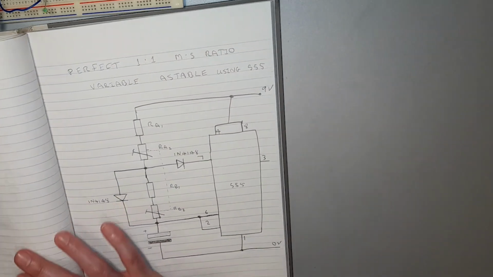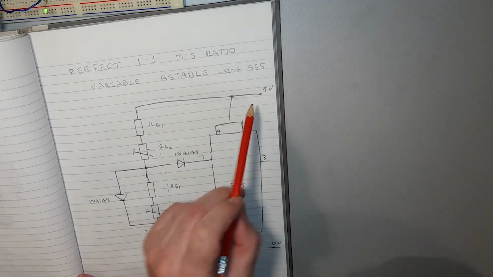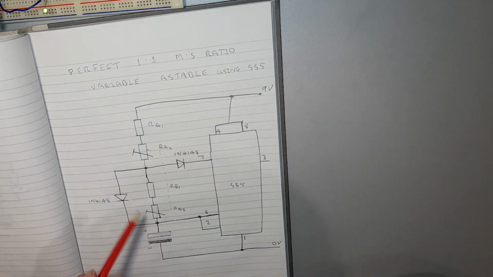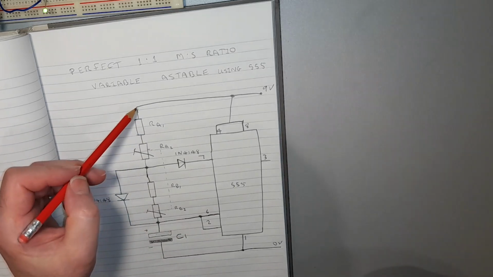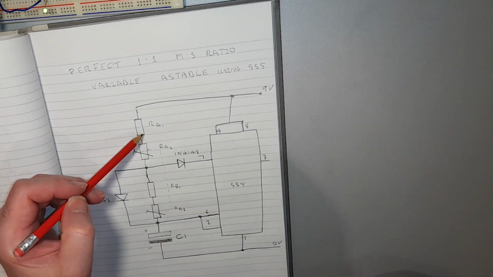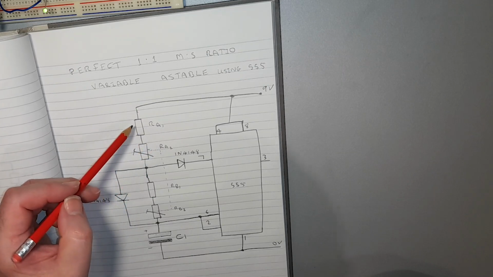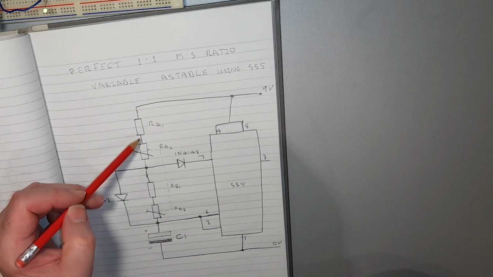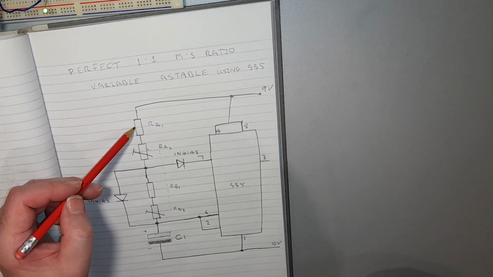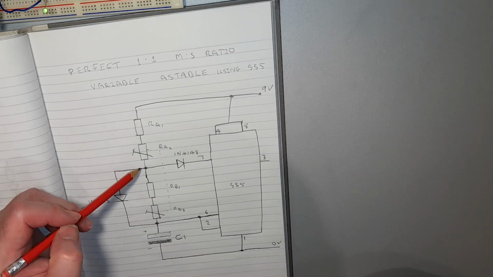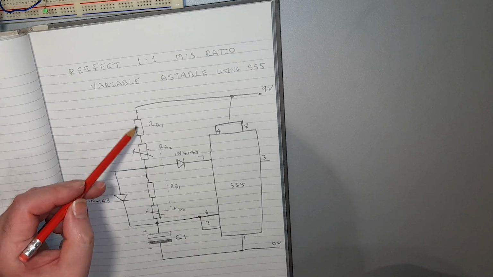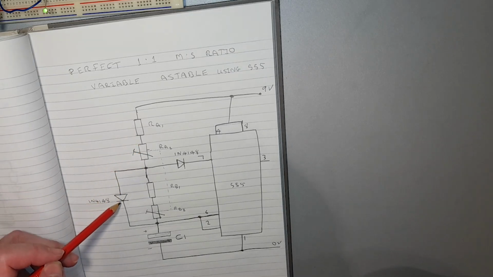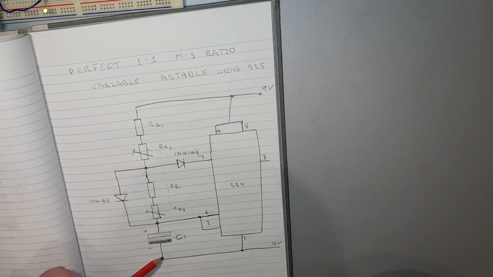So just to go over this one more time. The capacitor C1 here charges by going through RA1 and RA2, so that's the fixed resistor which sets the minimum resistance between positive and pin 7, and RA2, and then goes through this diode here to charge this capacitor.